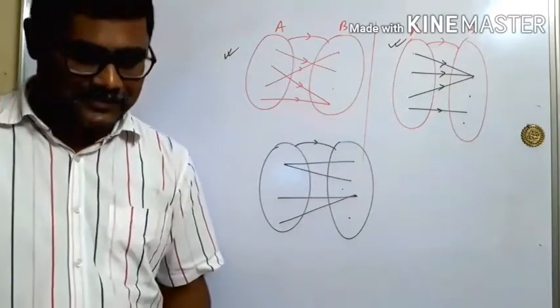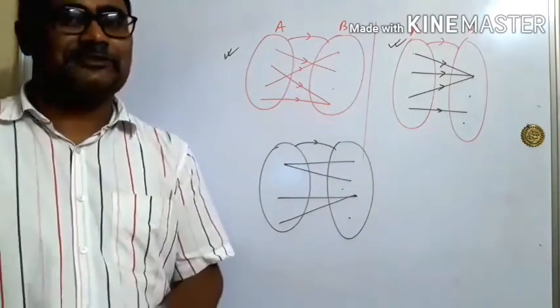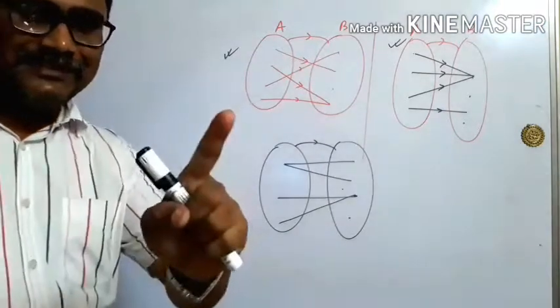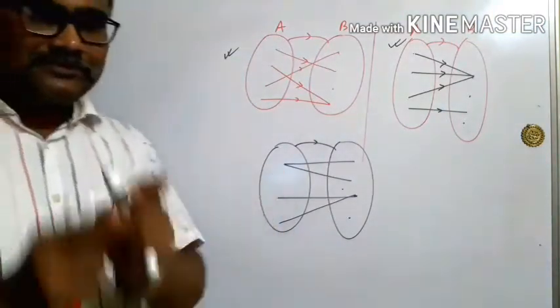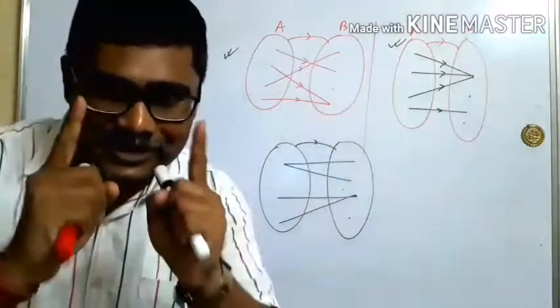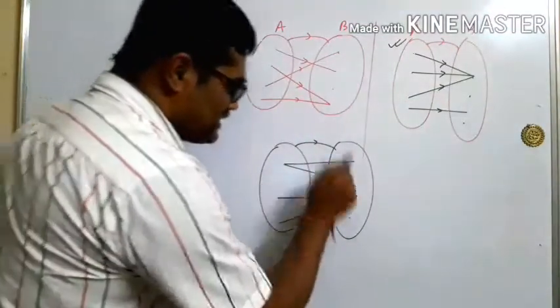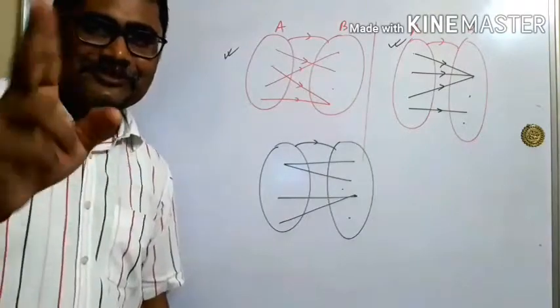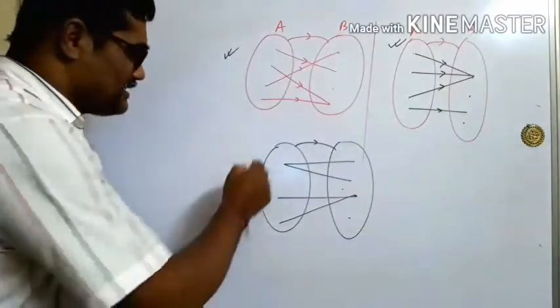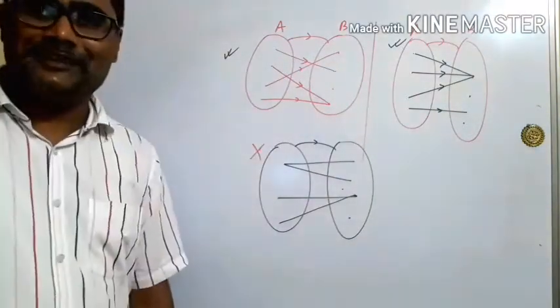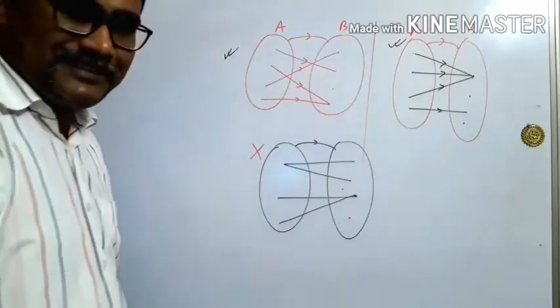First criteria satisfied, but second is not satisfied. Second says every element should have only one image, only one. Here you see, this is having this image, this is having this image, two images. So it is not satisfying the second criteria. So it is not a function, right?